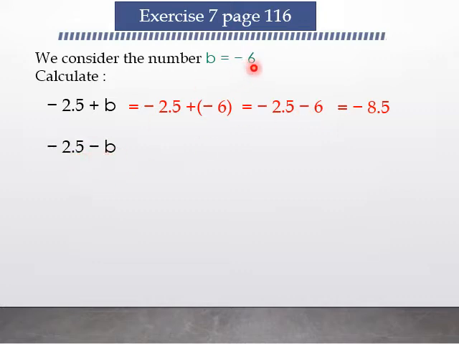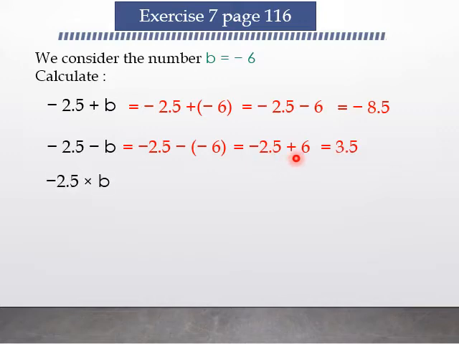Replace b by minus 6, and to avoid any types of error, I have to keep this b inside parentheses like that. Minus 2.5 minus minus, I have the same sign, so it's a plus 6. Now minus 2.5 plus 6, it's the same as 6 minus 2.5, it's a 3.5, and the answer is positive since the greater number here is positive.